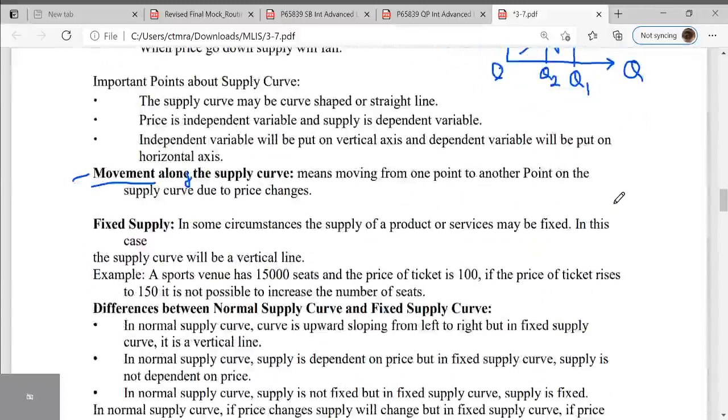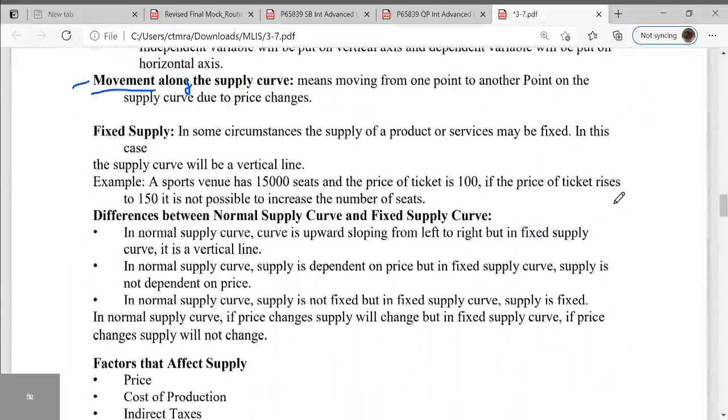Then we have something called fixed supply. Let's discuss what fixed supply is. We will be discussing price elasticity of supply again later, but this is not for the half yearly. Sometimes the supply curve is a vertical straight line.